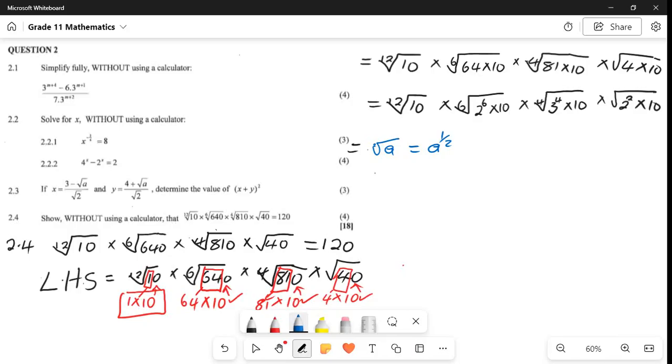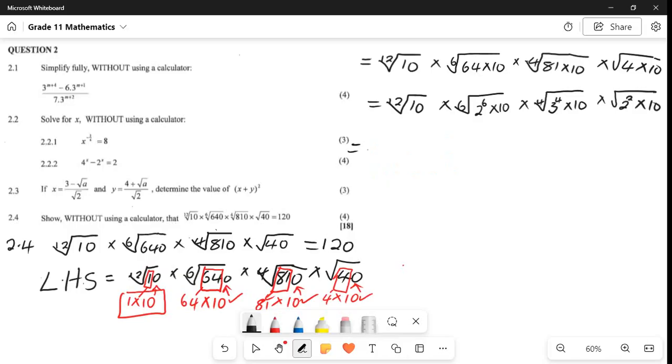The cube root of a is the same as a to the power 1 over 3. The 15th root of a is the same as a to the power 1 over 15. So we are going to apply this method onto all these terms that we have here.